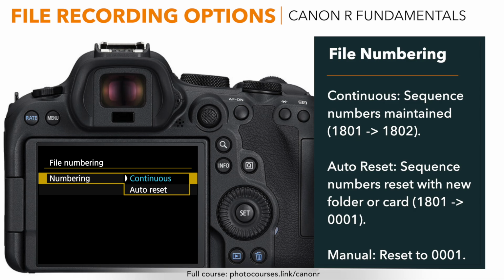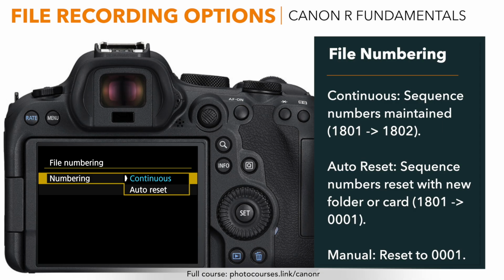If you set it to continuous, file numbering is not interrupted when you are going to a new folder or a new card. So if the last image was numbered 1801, the next image is going to be numbered 1802 in the new folder or card.